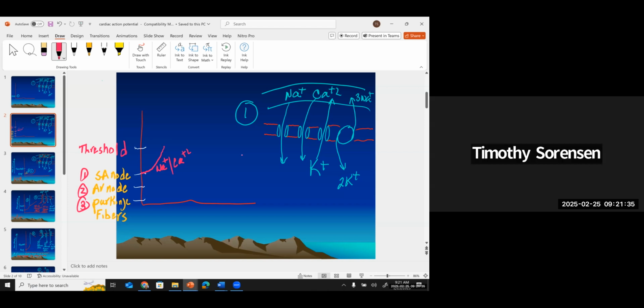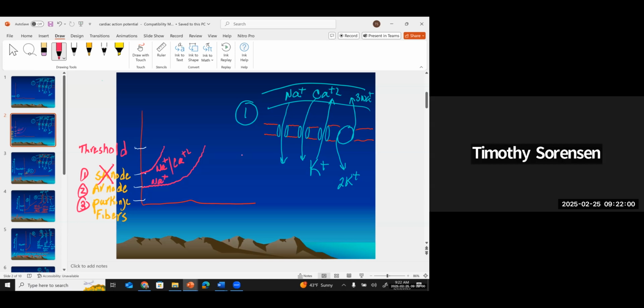Now, if your SA node fails to work, then the next pacemaker of the heart has to take over, which is the AV node. And the AV node has a lower resting membrane potential. So what that means is that it's going to take longer for sodium and calcium to leak in.